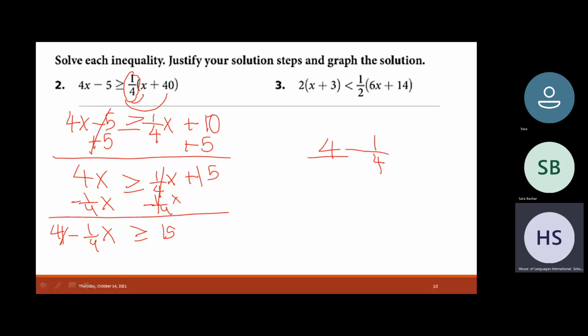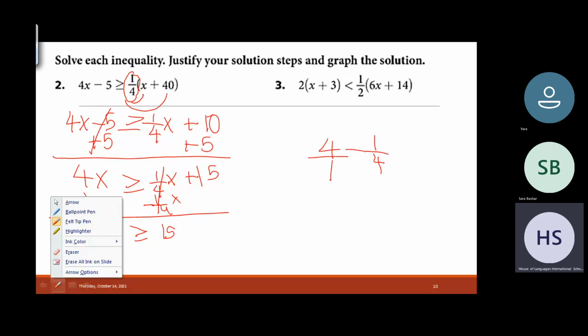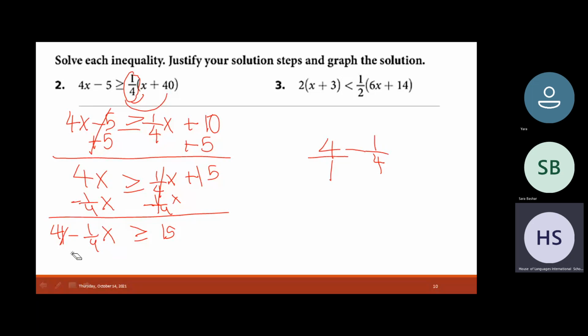How can I make it a fraction? Divide by 1. I'll ask you a question. Did you attend the online classes last year? No? That's all.